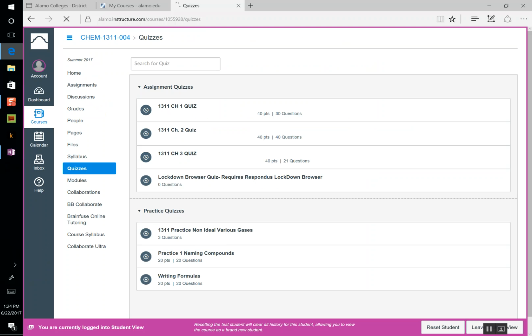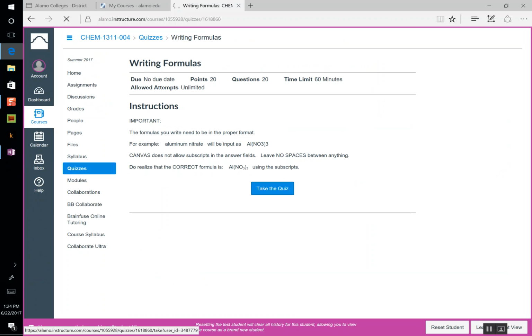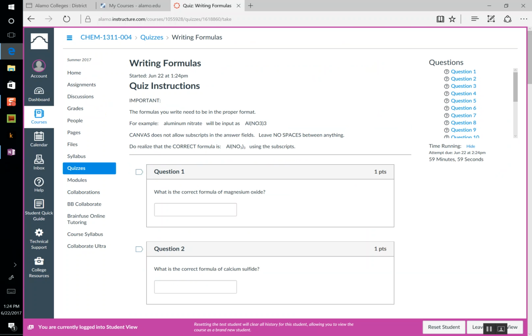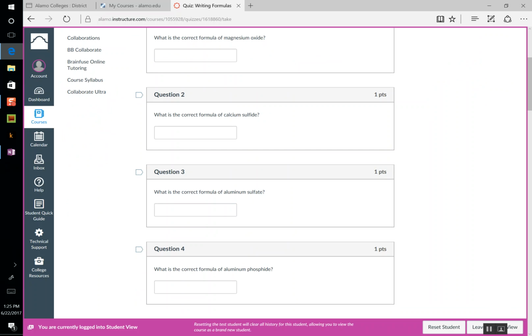Let me just do one more real quickly. Writing formulas, because you got to write these formulas a certain way. What is the correct formula of magnesium? Well, let's do calcium sulfide. No, let's do one that needs some numbers. Aluminum sulfate.